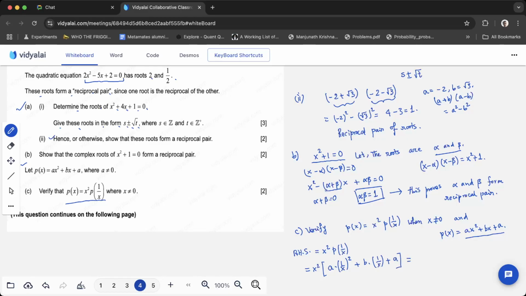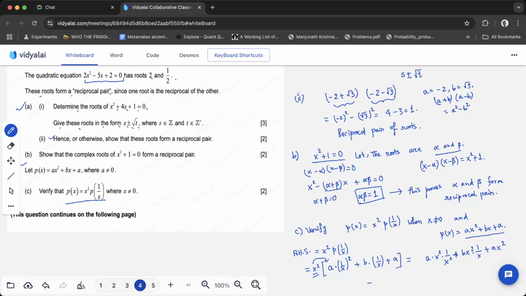Now, the remaining task is to put this x squared back in the square bracket. So the external factor x squared, let's multiply by that inside. The first term will be a x squared times 1 over x squared, they'll just cancel each other. Then b x squared times 1 over x, one power of x will cancel, plus a x squared.